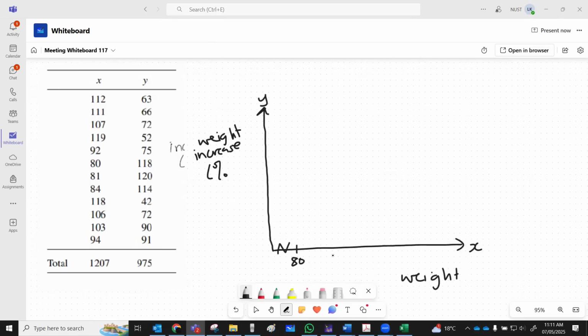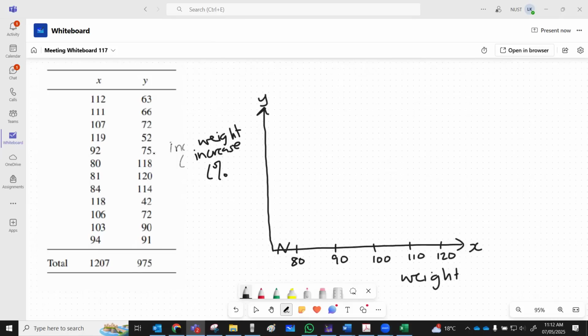Then you can have 80, 90, 100, 110, and here we have 120. It's better on graph paper, then you can see clearly what the correlation is.